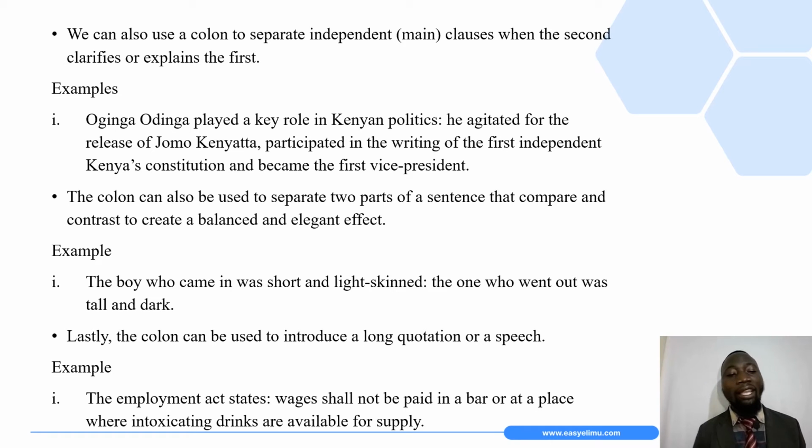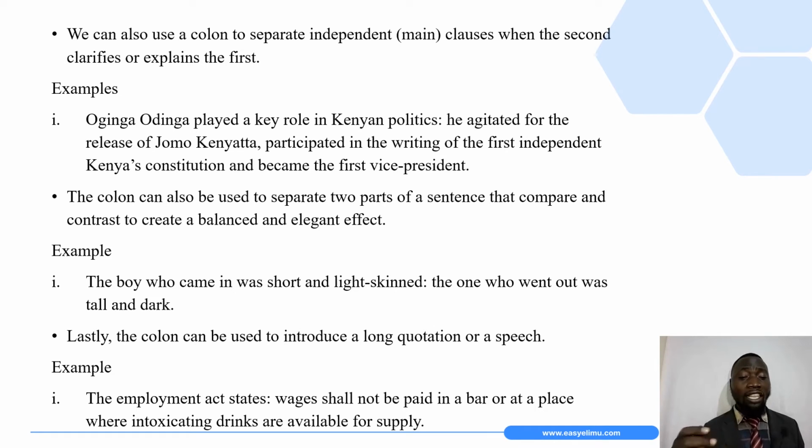Lastly, the colon can be used to introduce a long quotation or a speech. Again, here's an example: the Employment Act states: wages shall not be paid in a bar or at a place where intoxicating drinks are available for supply.